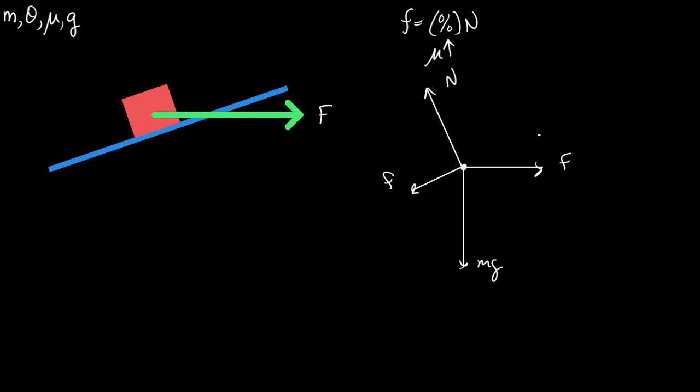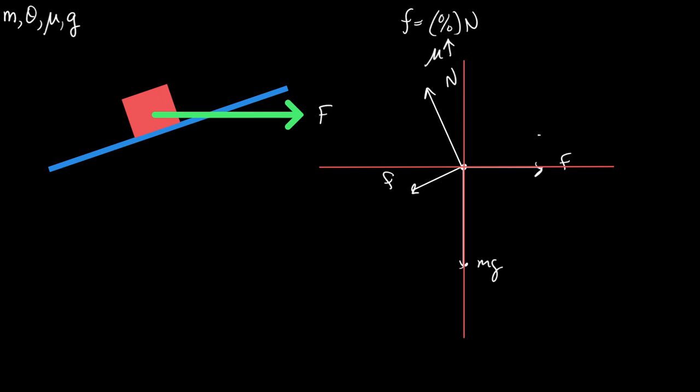The first thing I want to kind of point out is that I see 2 possible places to put my coordinate system. Do you? If I do the coordinate system in terms of where the weight is, well, that would be lined up with 2 of the 4 forces. I could do the problem this way.